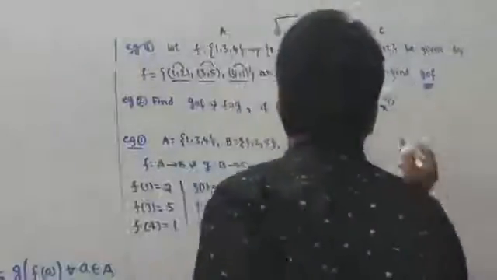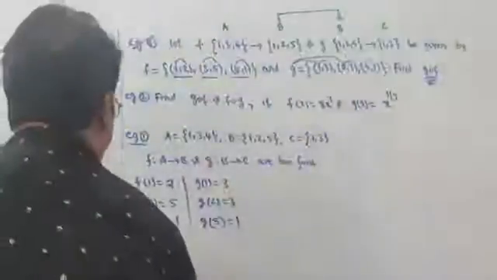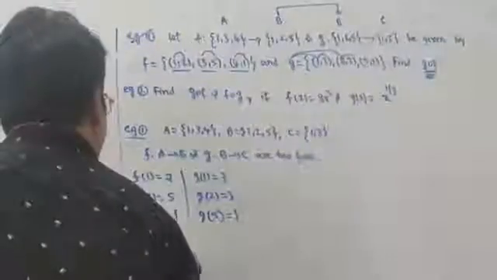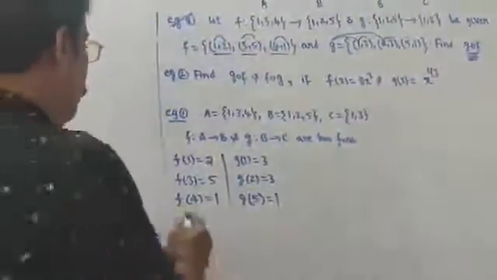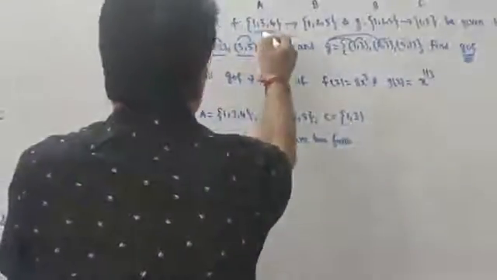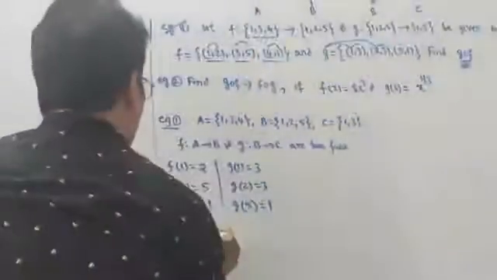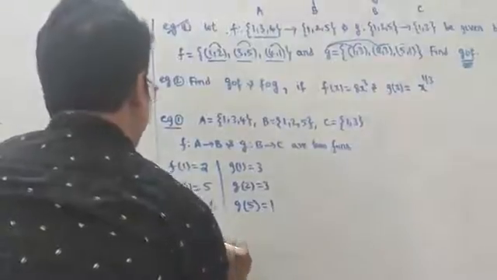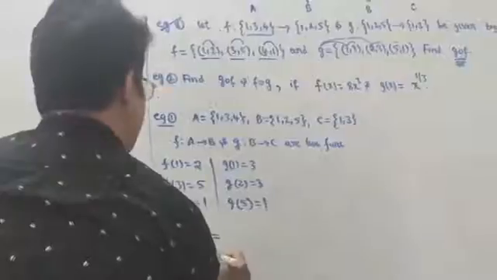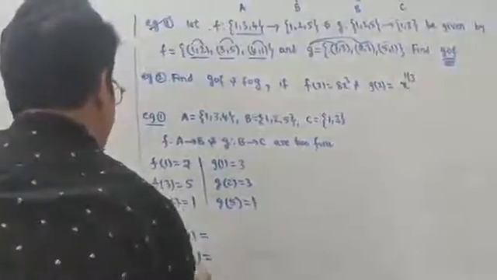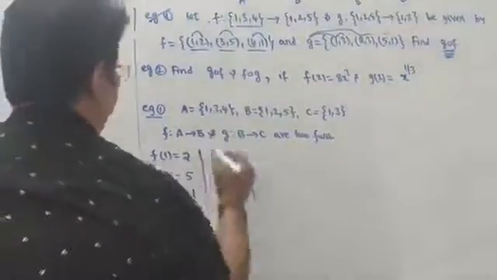Next, what is the question? Find G circle F. So G circle F, what is the last letter? F. Go to F. What is its domain? {1, 3, 4}. So find G circle F of 1, G circle F of 3, G circle F of 4.